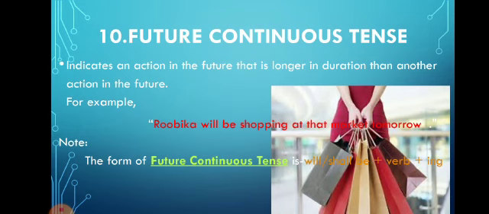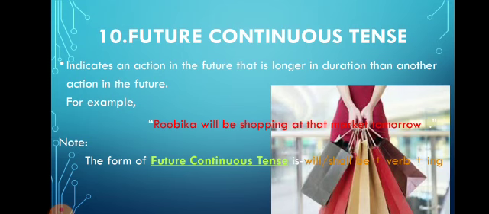I will be distributing stationery things to my students when they come to school after reopen. I will be distributing, I will be helping them, I will be sharing my experiences with them.